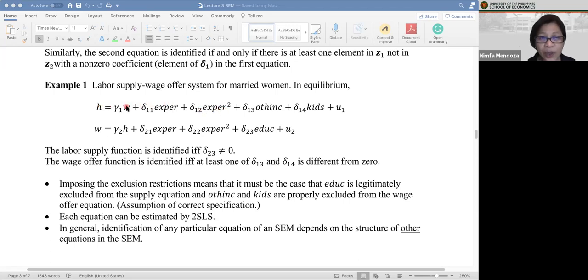W is endogenous, and the instrument you use is education. Okay. You can estimate the second equation using two-stage least squares. H is endogenous, and the instruments you use would be other income or kids or both.